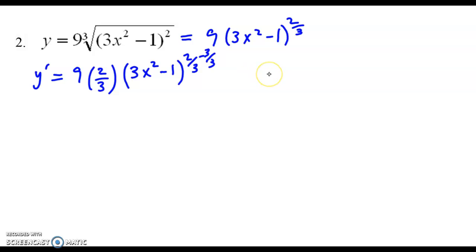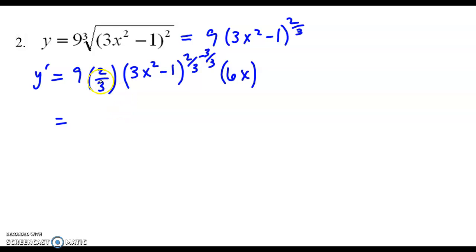And then the second link of the chain, we multiply by the derivative of these brackets. So 2 down, 6x to the power of 2 minus 1, 1. Don't need to write it. Excellent. Okay, so then we can simplify this a bit.